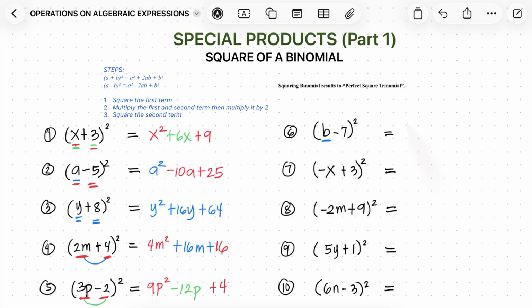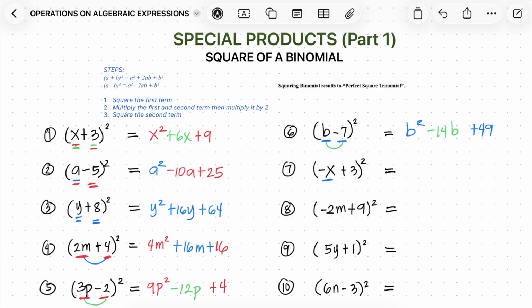So b times b, that's b squared. Negative 7 times negative 7, that's positive 49. And to get the middle one, b times negative 7, that's negative 7b times 2, that will give you negative 14b. So that's b squared minus 14b plus 49.